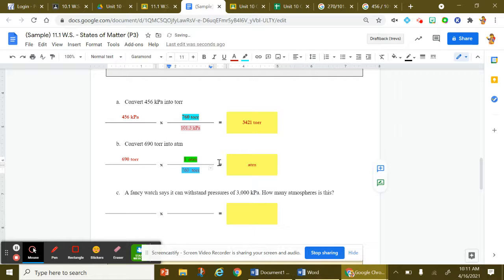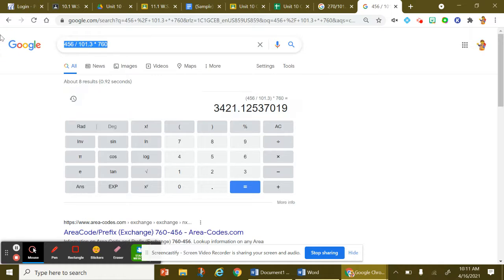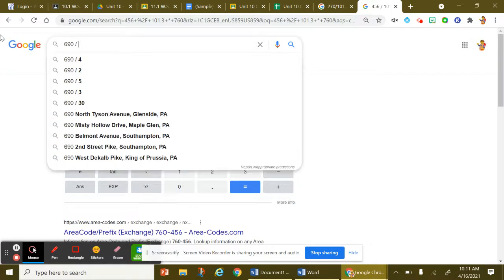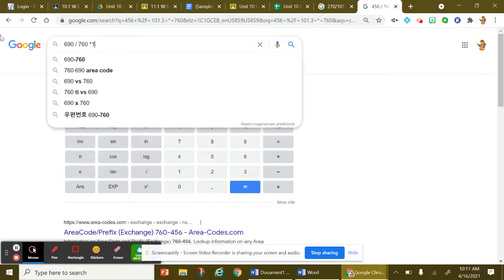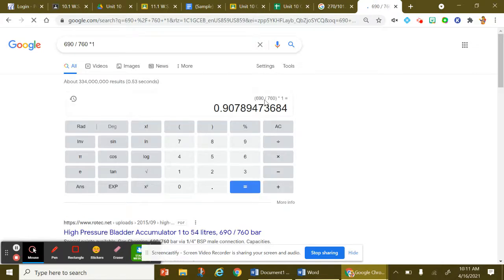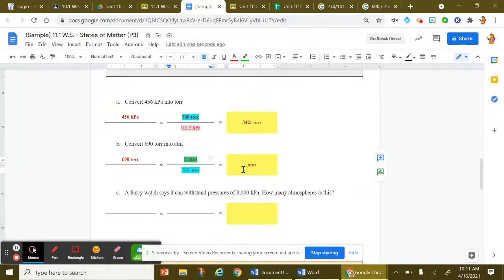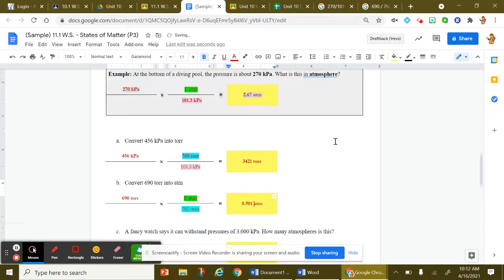To convert from torr into atmospheres, we divide by 760 and multiply by 1. So 690 divided by 760 times 1. That times 1 isn't really necessary, but let's just do it. The answer is 0.908 atmospheres.